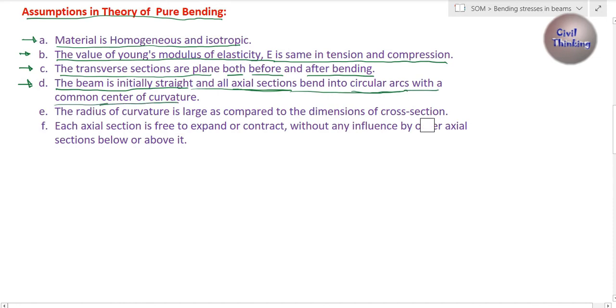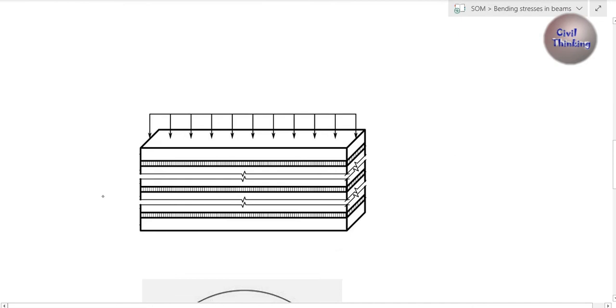So let me show you. Now look at this beam. Now you can see here I have just drawn these fibers, this is a plane, right? All of this is a plane, it's like a slice, longitudinal, like this.